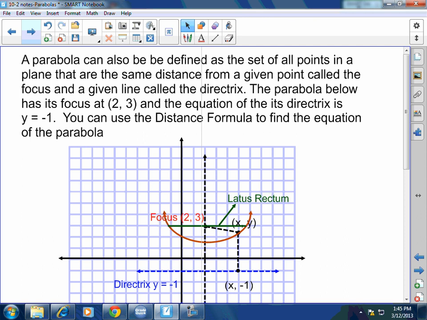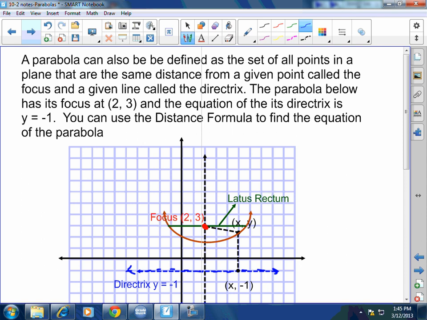The parabola below has a focus of (2, 3). This is the focus right here. And the equation of the directrix is y equals -1, right here in blue. That's my directrix.